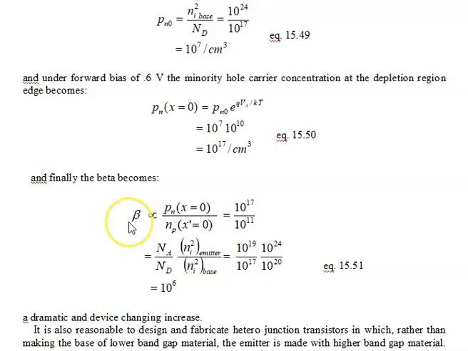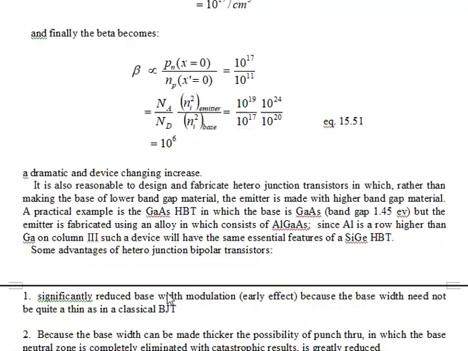And then the beta becomes the ratio of the doping multiplied by this intrinsic carrier concentration factor, which is 10 to the 24th divided by 10 to the 20th, and it is 10 to the 6th. It was 10 squared. We have now upped it from 100 to a million. That is an incredibly dramatic increase.